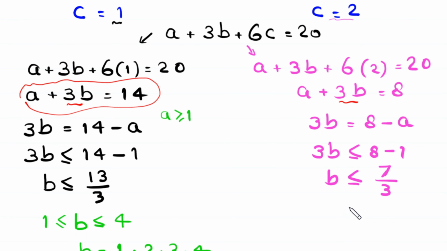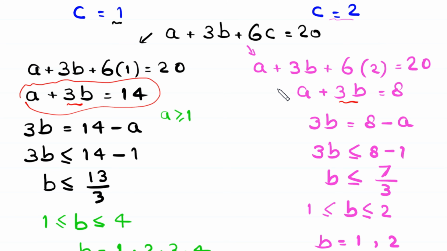The integer value for 7 divided by 3 is 2, and b is a positive integer, so b must be greater than or equal to 1. It means that b can be equal to 1 and 2.